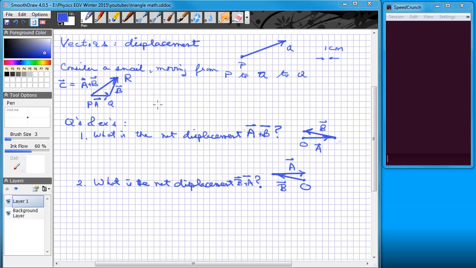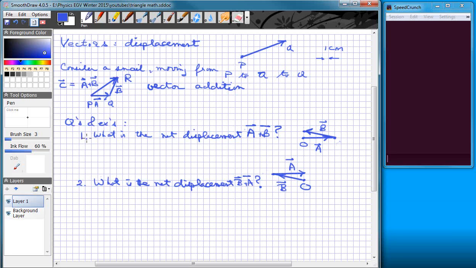Okay, so that's vector addition, and I should probably say that this is the graphical way in which we do vector addition. Now it turns out, and we'll talk about this as we go along, one can also multiply vectors. We'll talk about how that works in probably the next YouTube, and we can also subtract vectors.